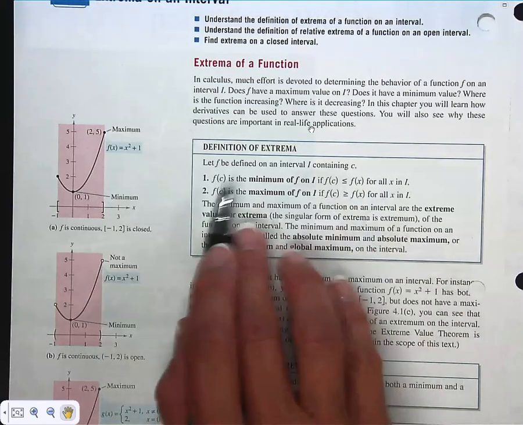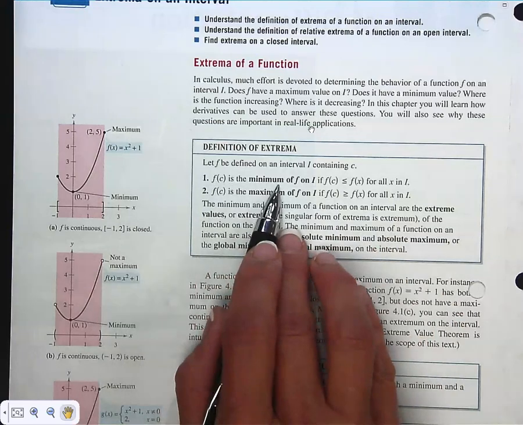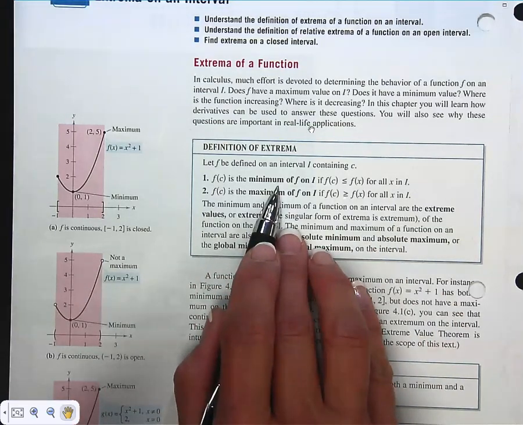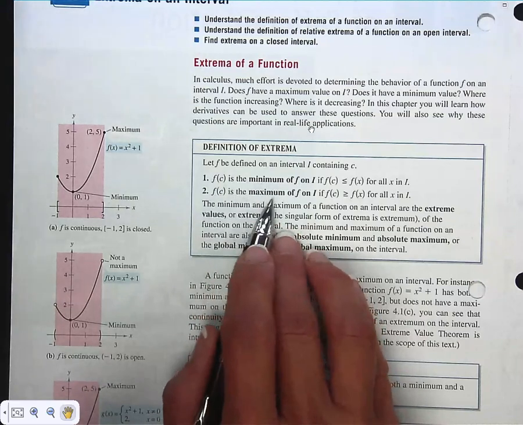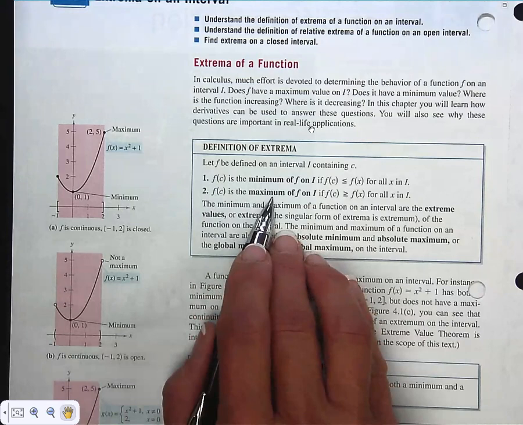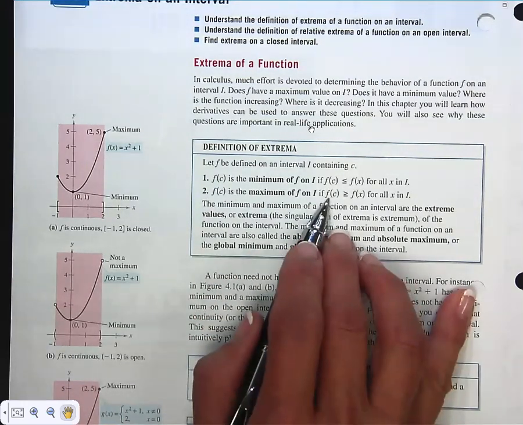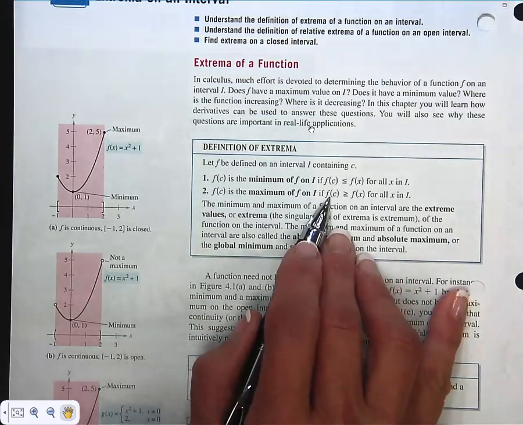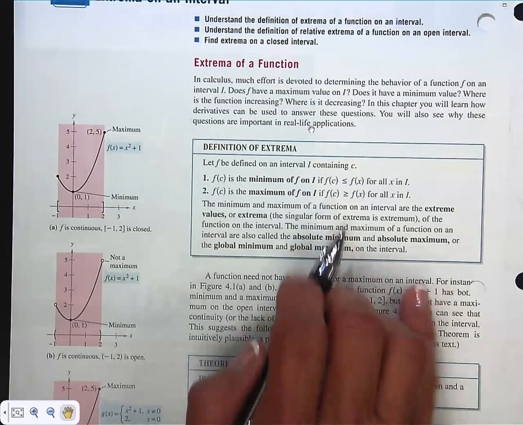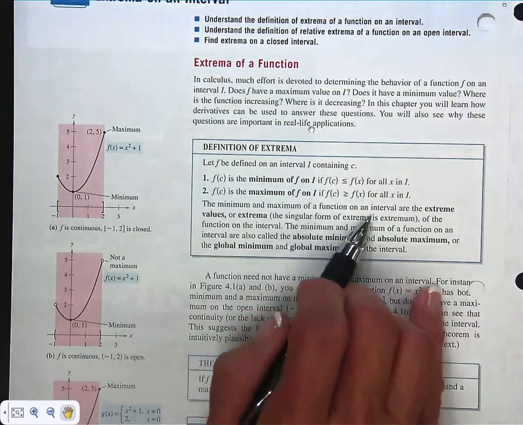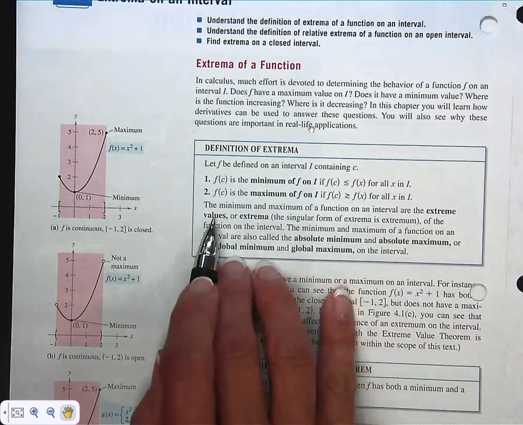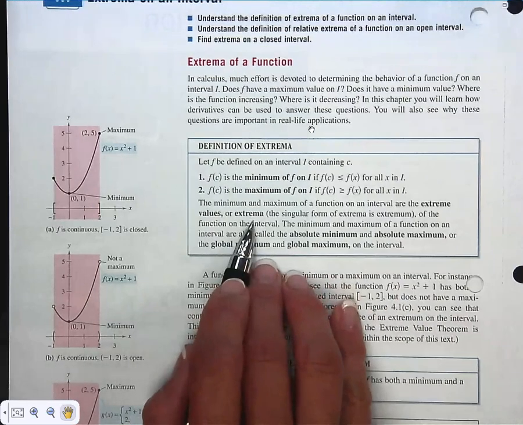In other words, f of c is the minimum on the interval as long as c has the lowest y value on that interval. And f of c is the maximum value on the interval as long as c gives you the highest y value on that interval. The minimum and maximum value of a function are called the extreme values, or extrema.